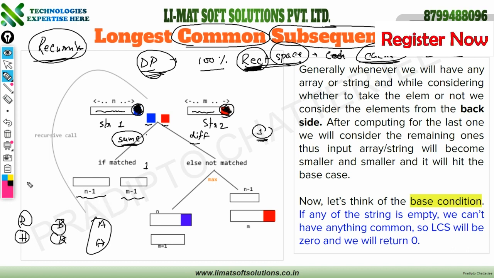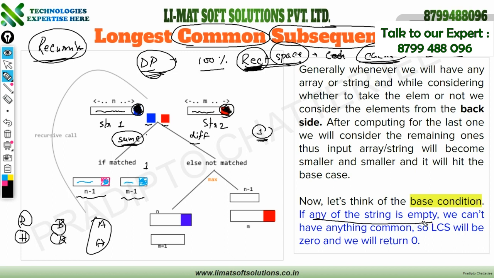Here also I will again take the last character of this string and the last character of this string, and again do the same kind of recursion. I will check whether this is matching with this or not. If they are matching, then I will take the remaining part. In this way, going on and on, at some time any one string will be empty.